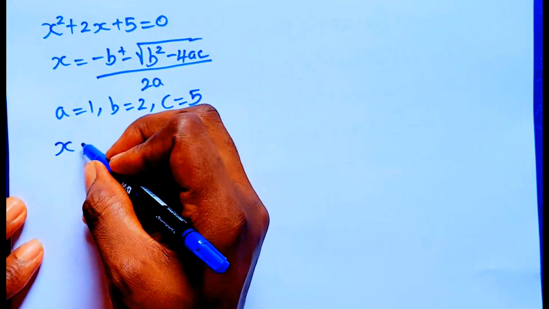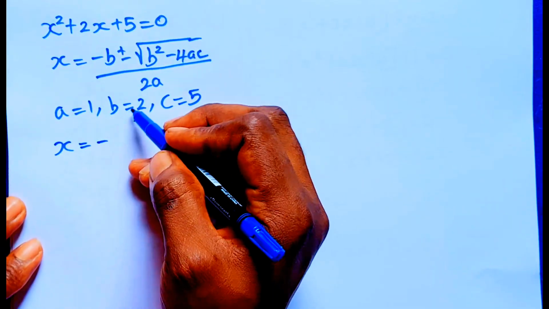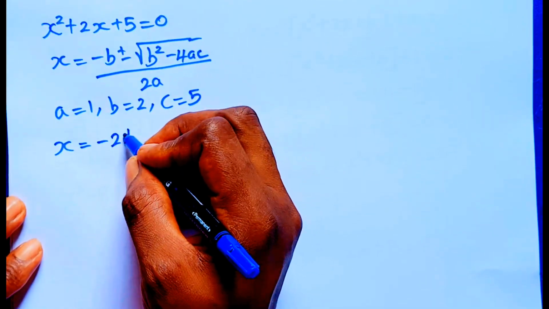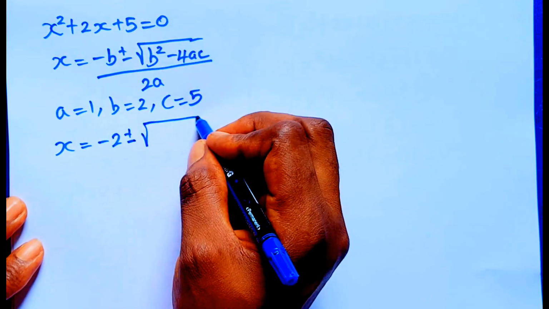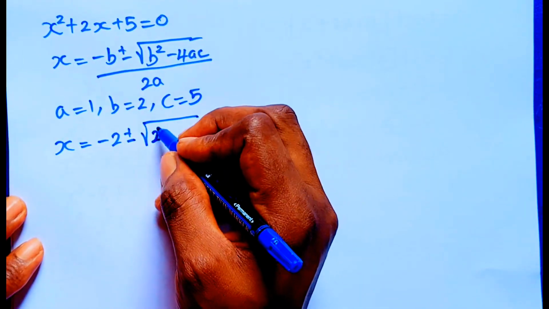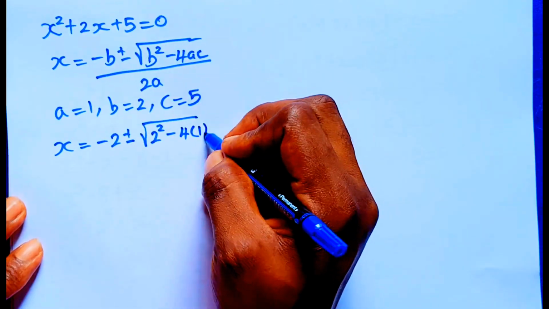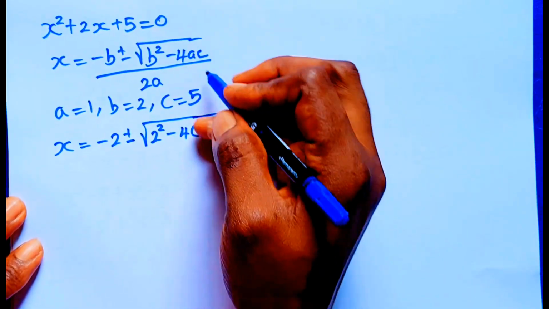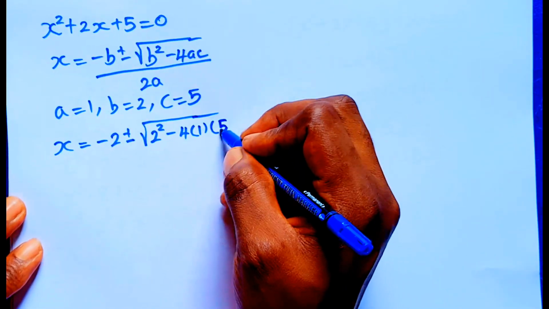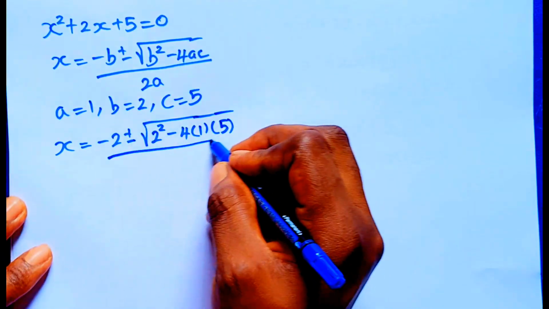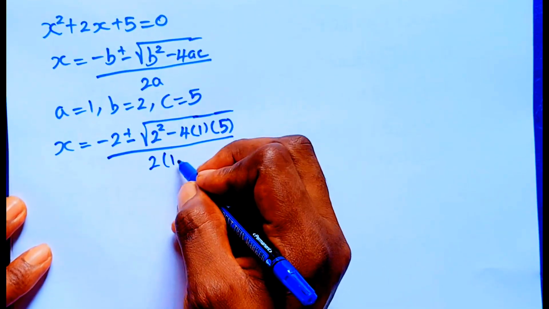So if we do that, x will be equal to minus b, which is minus 2, plus or minus the square root of b squared, that is 2 squared, minus 4 times a equals 1 and c equals 5. Okay, so we have 5 here. Then divide by 2 times a, which is 1.